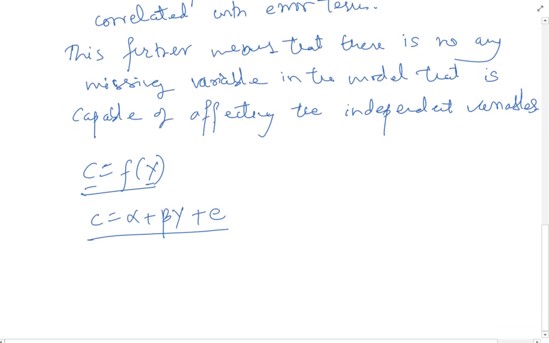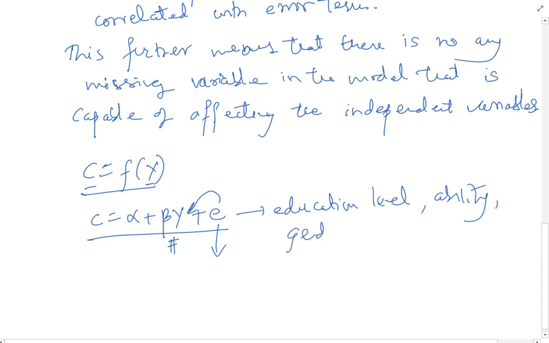And in the error term, there are all other variables that we haven't considered in our model. So there might be variables that might affect the income. That may be education level, or that may be ability, or that may be even gender, and so on.